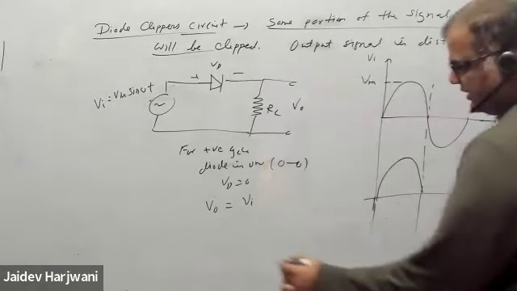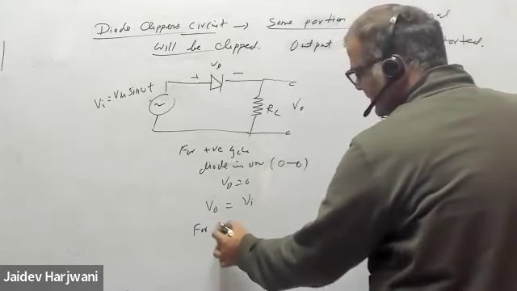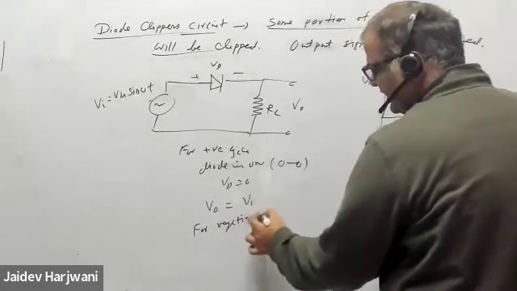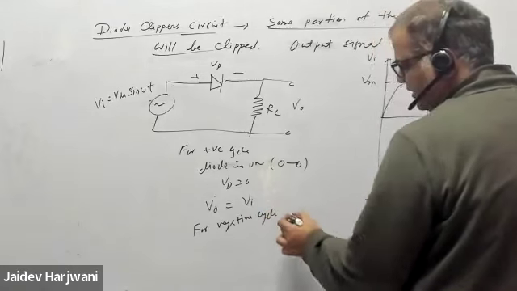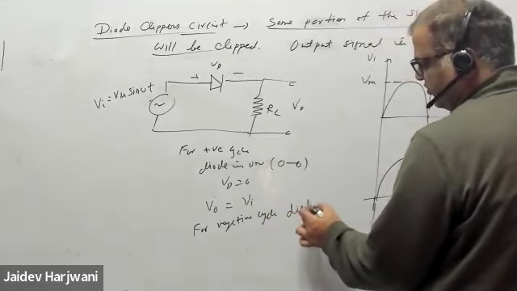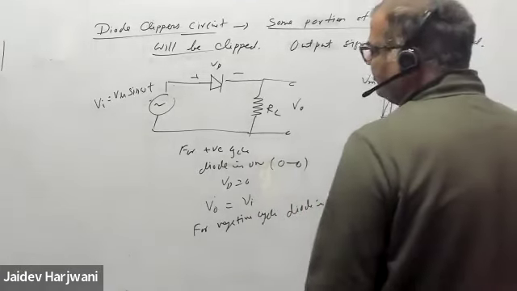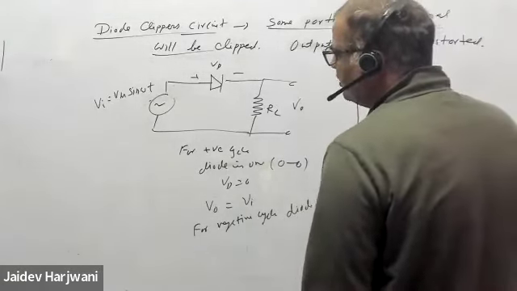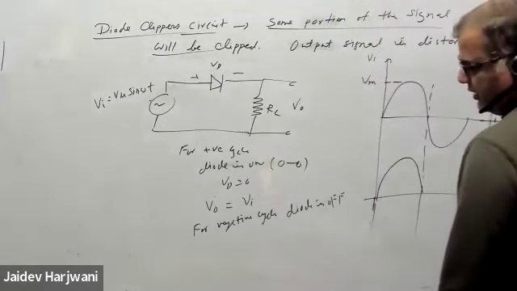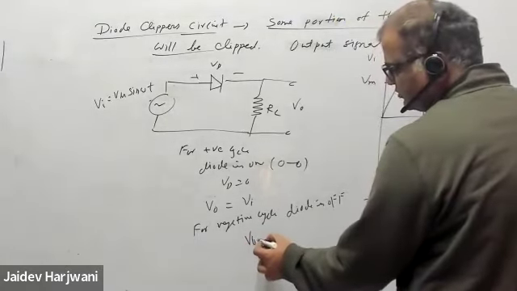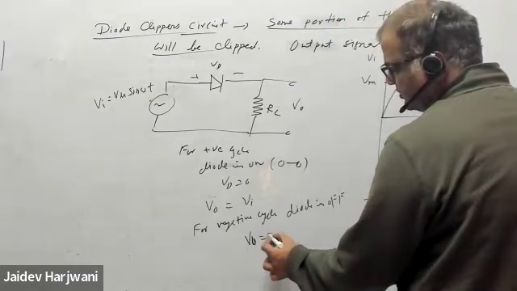For negative cycle, the diode is off. If the diode is off, no current will flow in the load, so V naught is equal to 0.